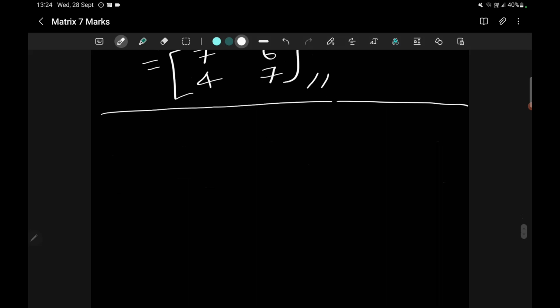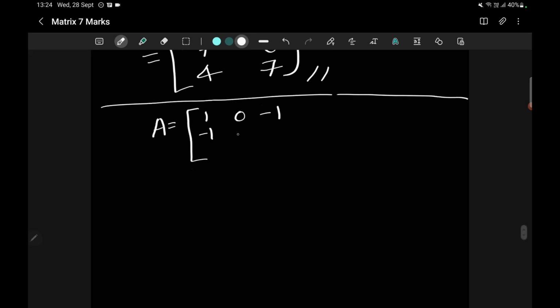Now we will solve one example for a 3 by 3 matrix. For that we'll take this matrix: 1, 0, minus 1, minus 1, 1, 0, 0, minus 1, 1.